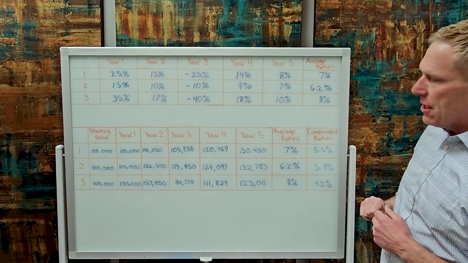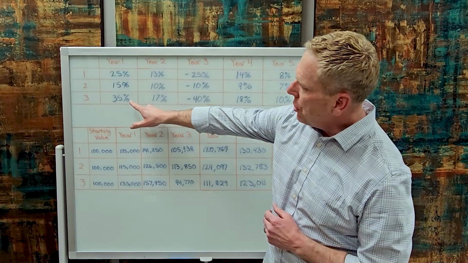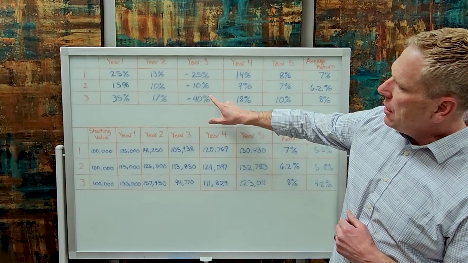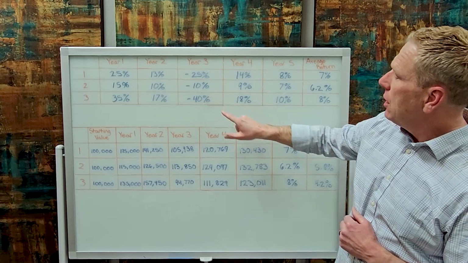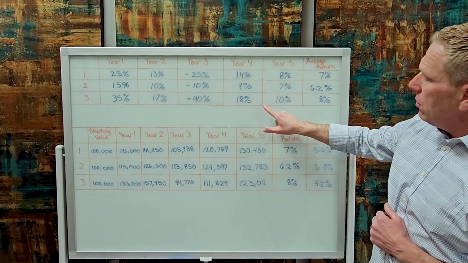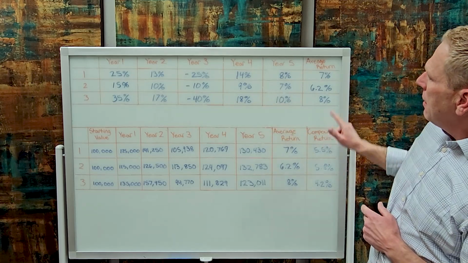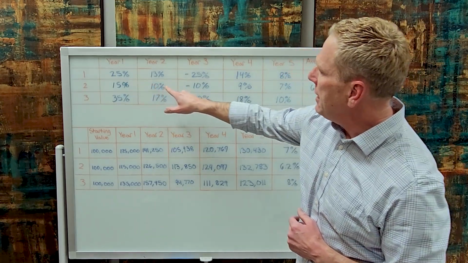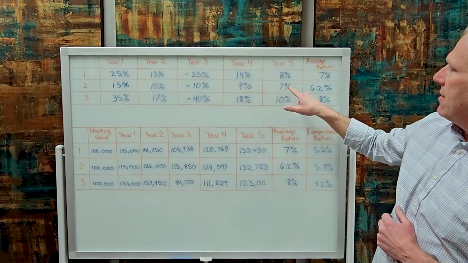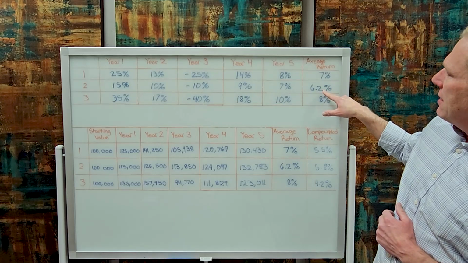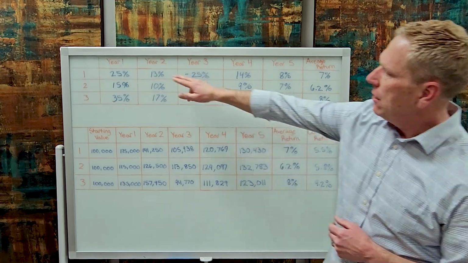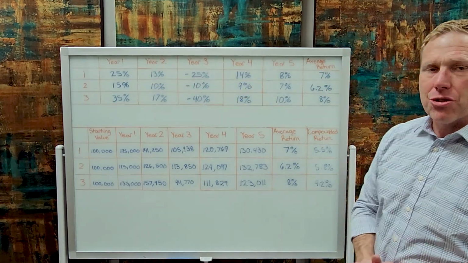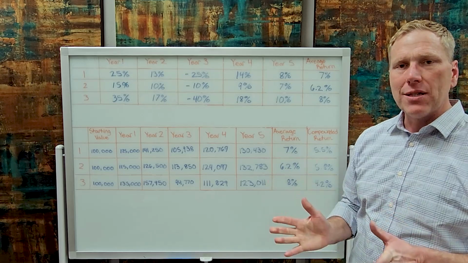That average annualized return had in year 1 a 35% return, year 2 a 17% return, year 3 it lost 40%, year 4 it had an 18% return, in year 5 it had a 10%, but it averaged 8% annualized. But here's one that did 15, 10, minus 10, 9, and 7, and only did a 6.2% return. And then the one above had a 25% decline in year 3, but had a 7% average annualized return. That's one side of the equation.